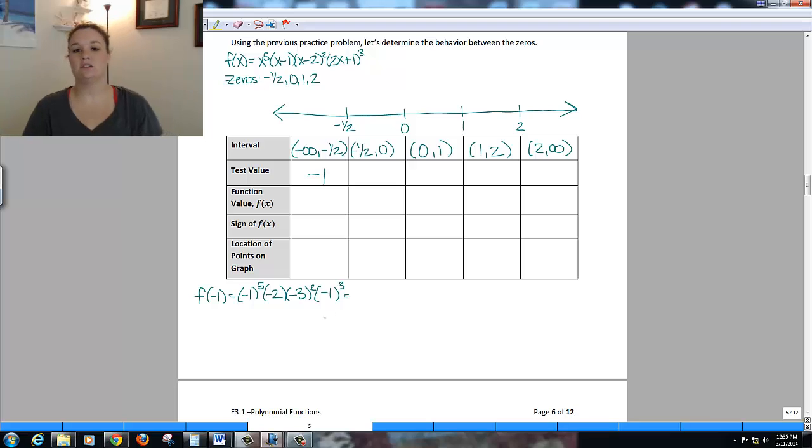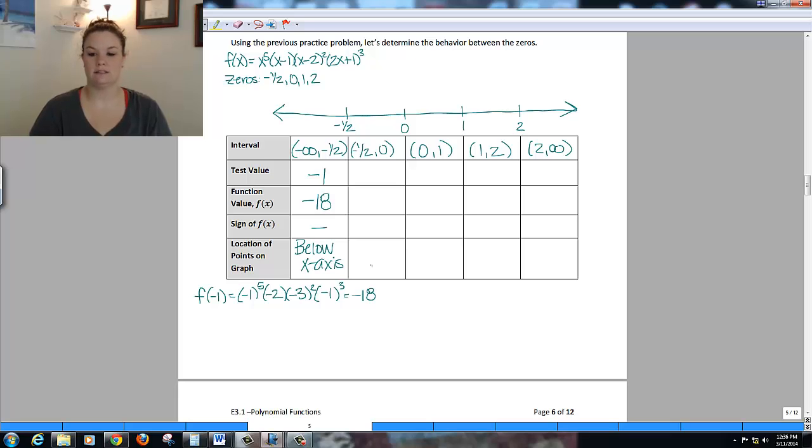Okay, and then I just multiply those all together, which we can do in our calculator, which should give me -18. So my y value at -1 is -18, and here it says the sign of that y value. So here, since I ended up with a negative, what that means is that all the points in this interval fall below the x-axis. So I'm just going to write here, below x-axis.